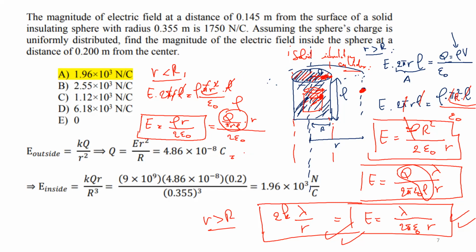So this will be Q, because this R and this R go away, and I will have Q divided by 2 pi epsilon L R. This is the electric field inside, and this is the same as this. It's the same thing. I just replace rho by its value. I hope you see what I mean, and please do it. And there are some problems that will repeat this idea in a second.